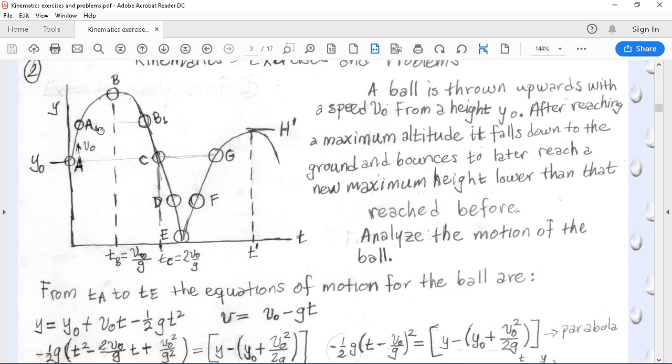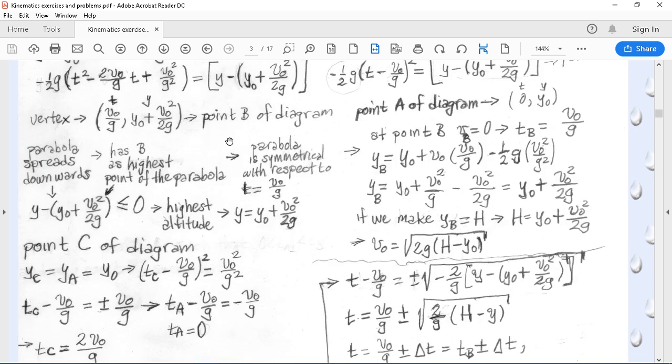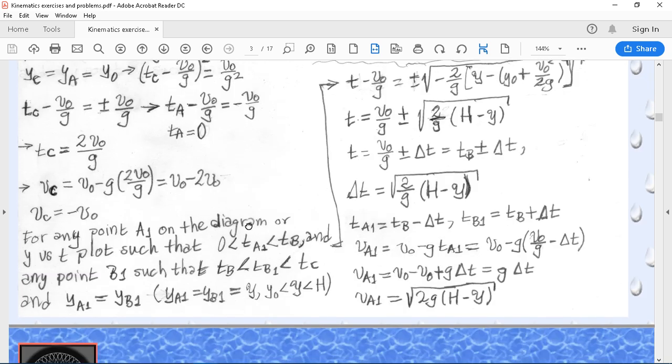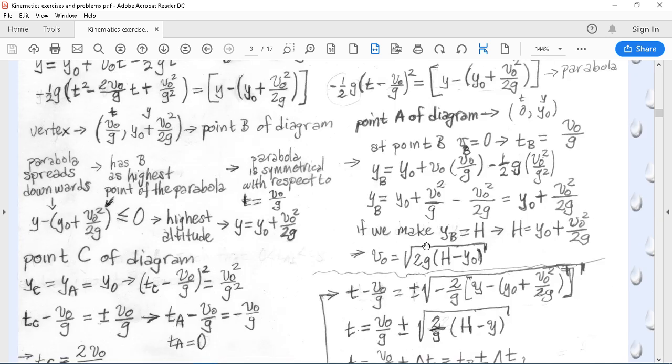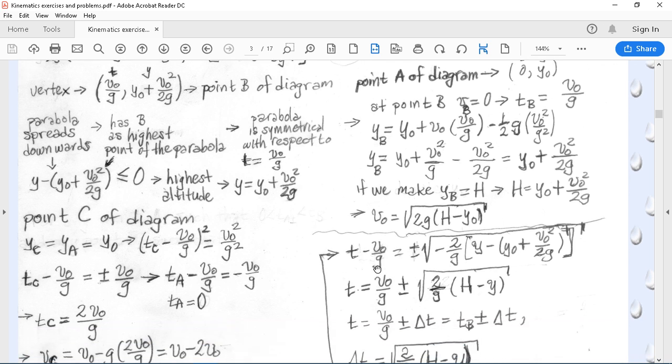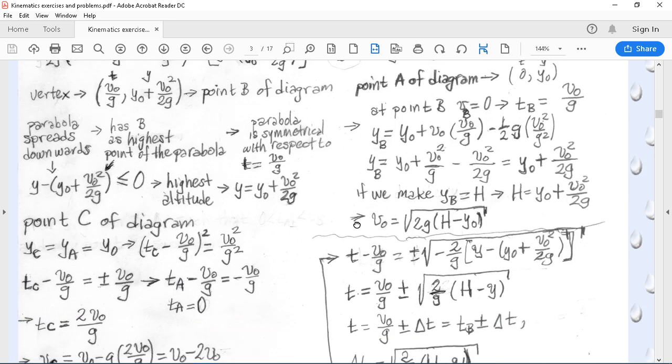And YA1 equals YB1 equals Y with this curl on the left. Y is then between Y0 and H. Okay, so using this expression here, we're going to find T for A1 and B1.